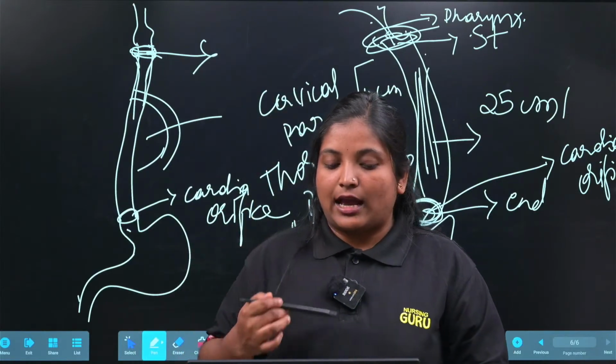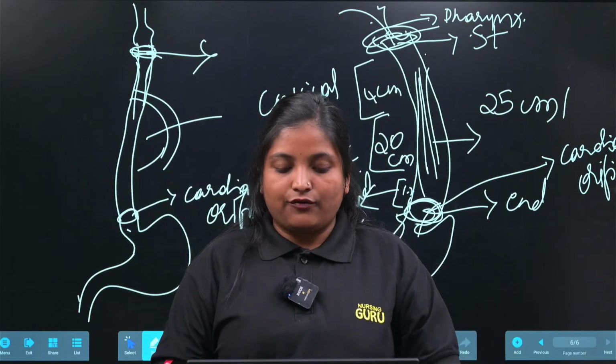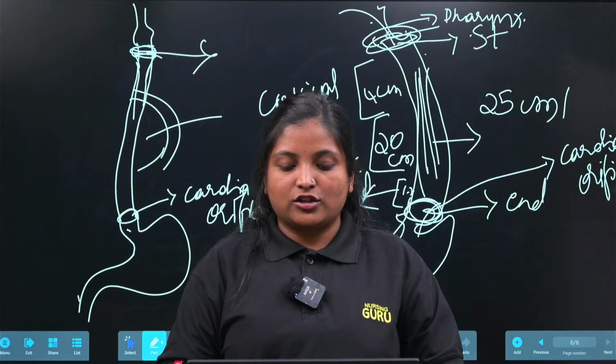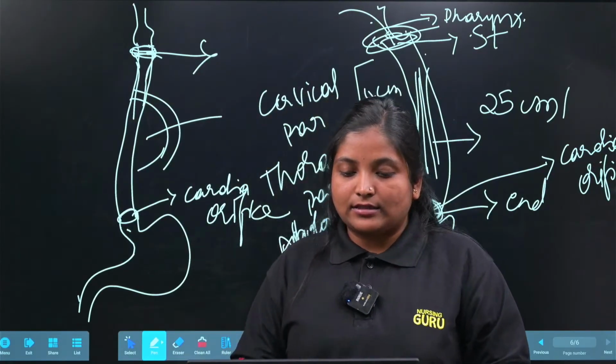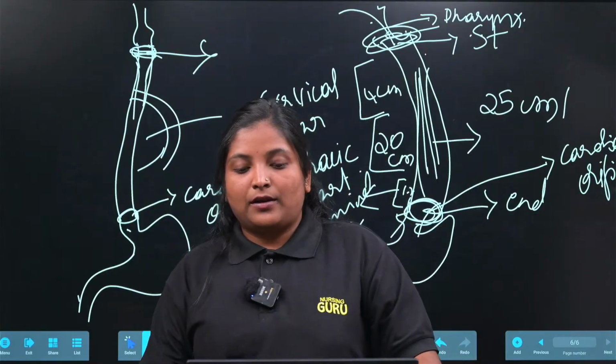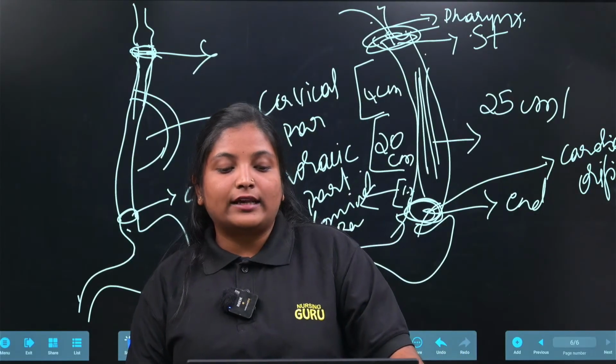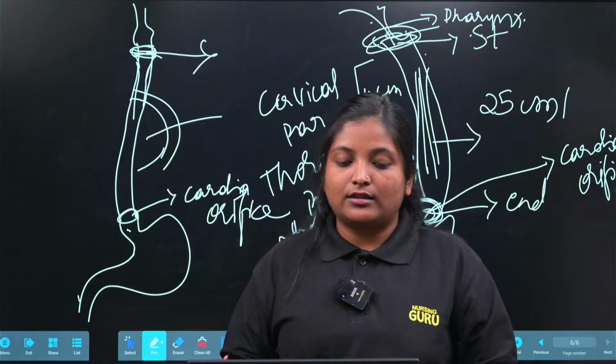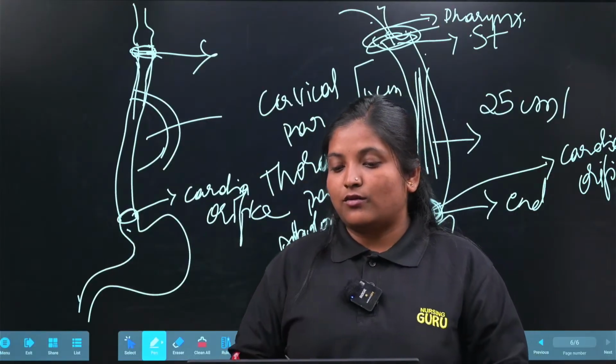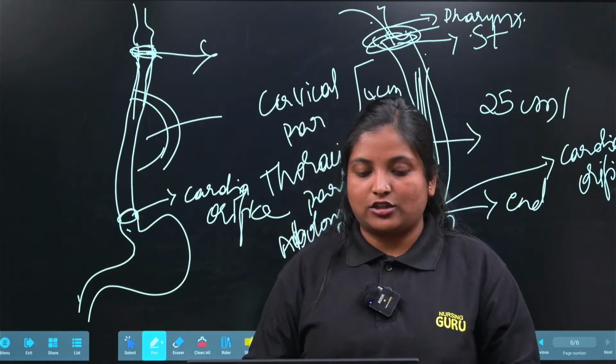The fourth constriction is where it pierces the diaphragm, 40 centimeters from the incisor teeth.